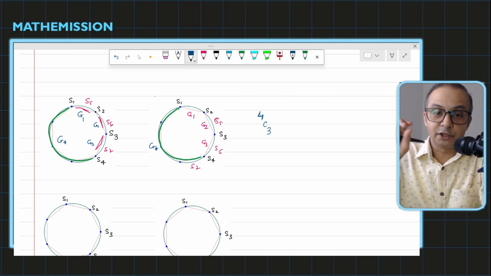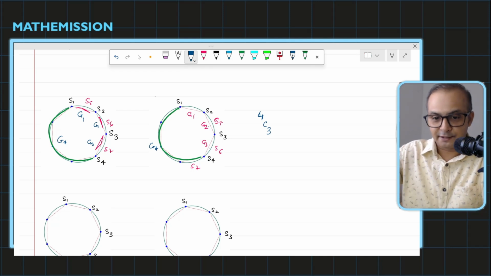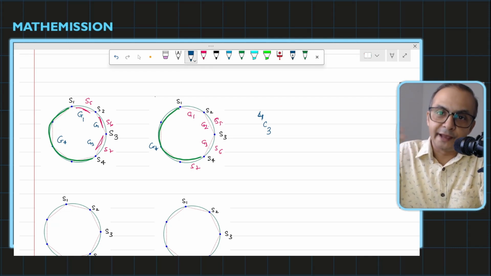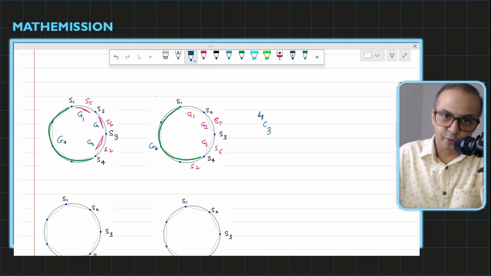So basically we are selecting stoppages which are non-consecutive, but we are thinking in the circular by making the gaps to place those points.